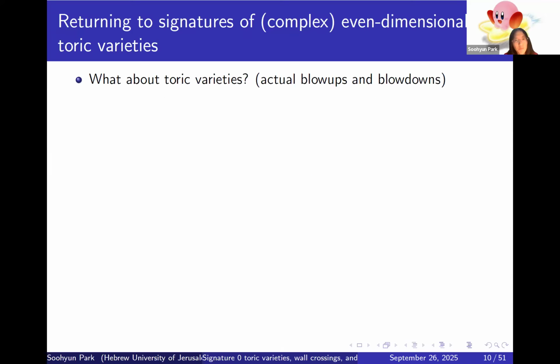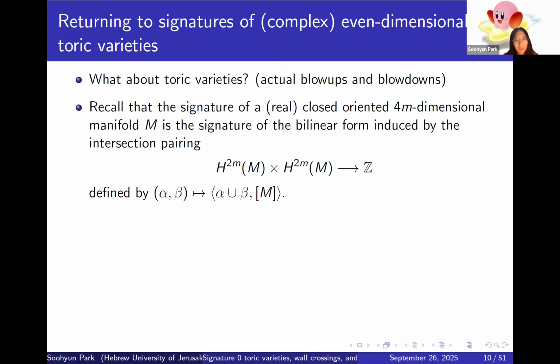So in the particular toric variety setting, it is known that the alternating h-vector sum has that sign. The signature is exactly the alternating sum. Just as a recap, the signature is the signature of the following pairing, the intersection pairing.